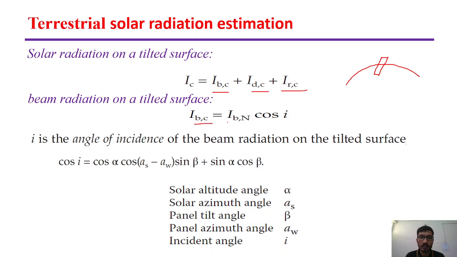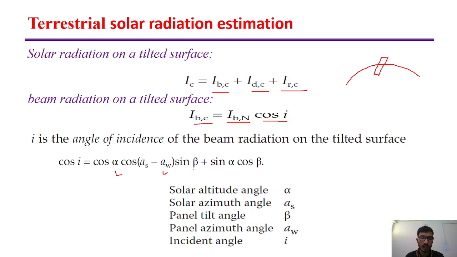IBC is a function of IBN, the normal beam radiation, into cos I. Cos I can be calculated based on various solar angles: cos alpha, where alpha is the solar altitude angle, AS, and AW. AS is the solar azimuth angle, and AW is the panel azimuth angle or surface azimuth angle.